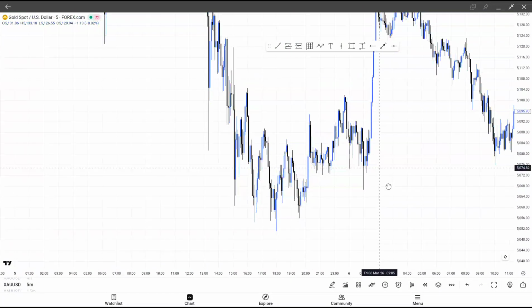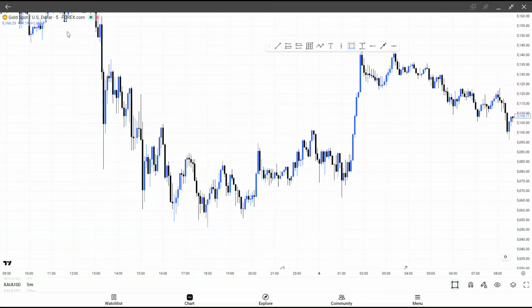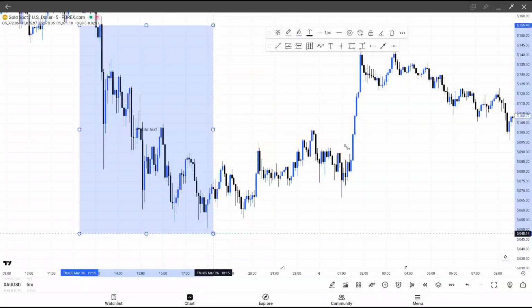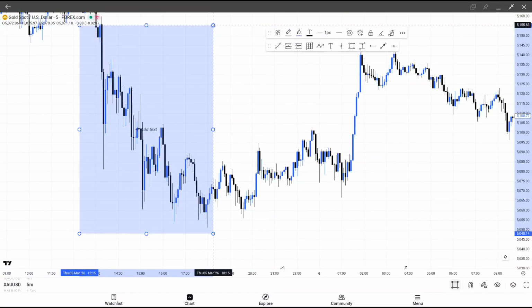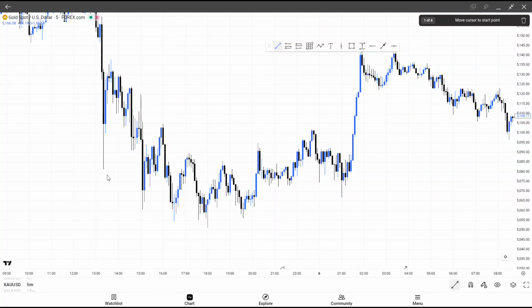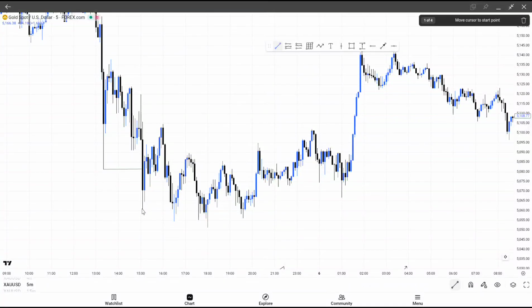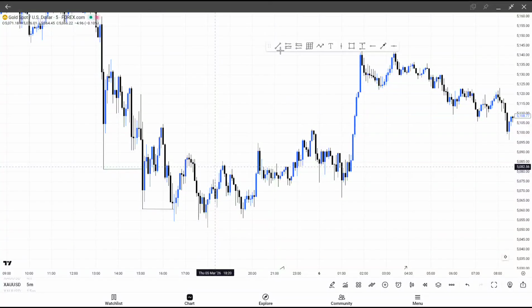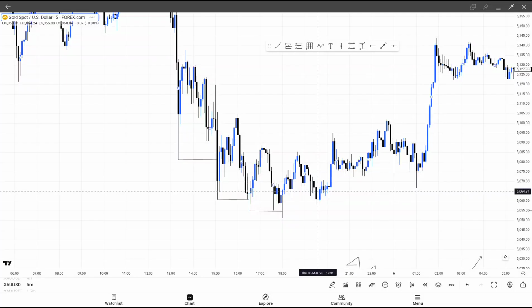Okay, let's say, for example, in this bearish market on the 5-minute time frame, we have a break of structure to the downside here. We have another break of structure to the downside around this place, and another one from this place.